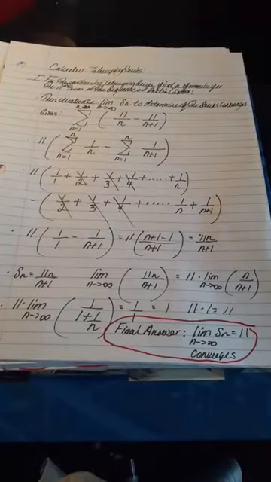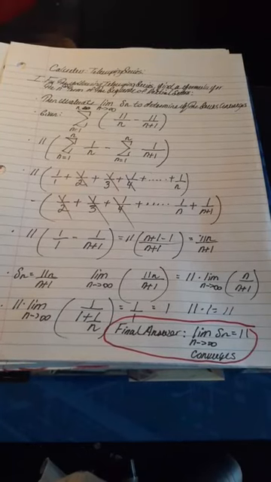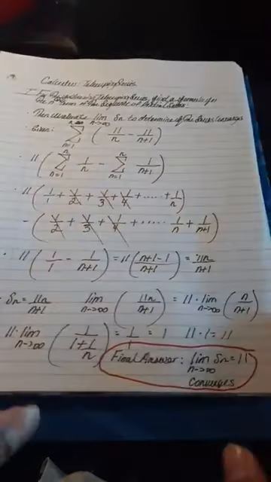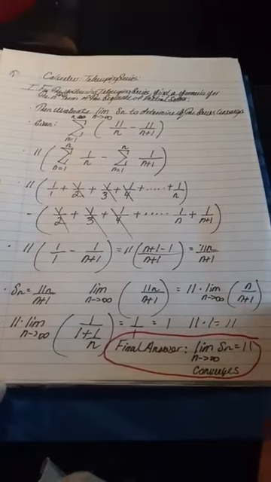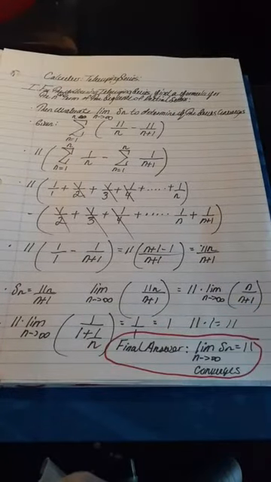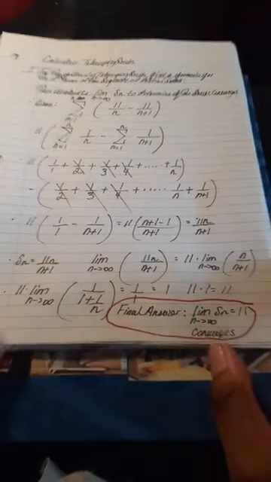It seems like a long process, kind of useless, but we have to go through and do it to validate that it's telescoping and go through the whole process. A lot of things in math may seem kind of stupid, like, okay, why are we doing this? But at the end of the day, there's a reason behind it.